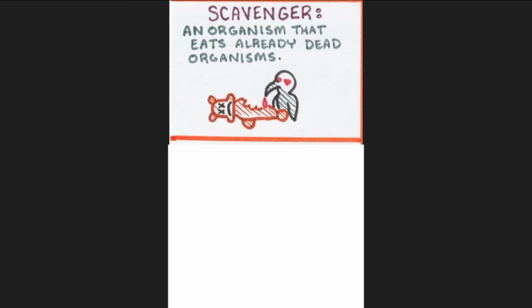So the other kind of organisms that we're going to see interact in energy flow are scavengers. Scavengers are organisms that eat already dead organisms, like a turkey buzzard. They see that roadkill lying on the road. The bear got a little bit too close to the freeway and then gets smacked by a Ford F-150. And the scavenger comes to clean it up.